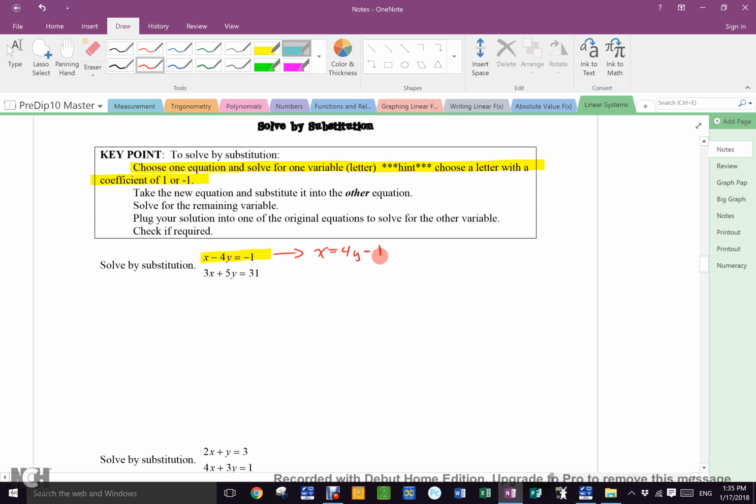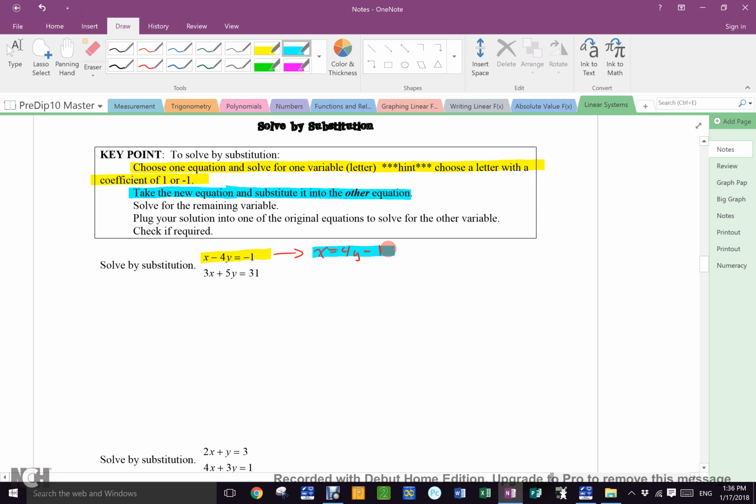It's pretty easy, right? We've already done this. We're just moving the equation around. Is everybody cool? All right. Now, step 2, which I'm going to highlight in blue. Take the new equation, which we just made, and substitute it into the other equation. What do you mean by substitute it in? Well, in English, what does that say?